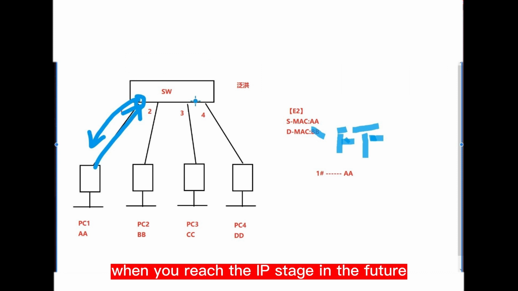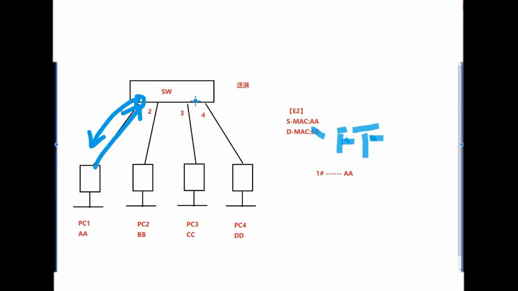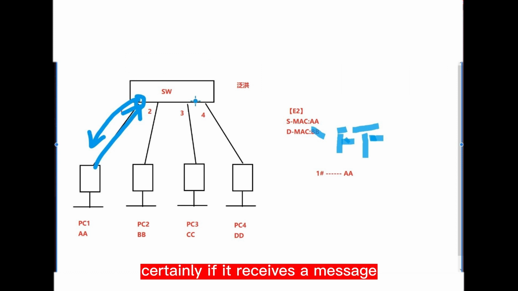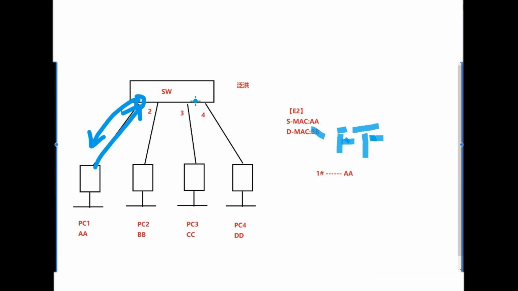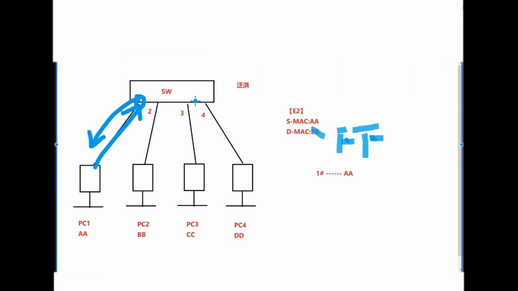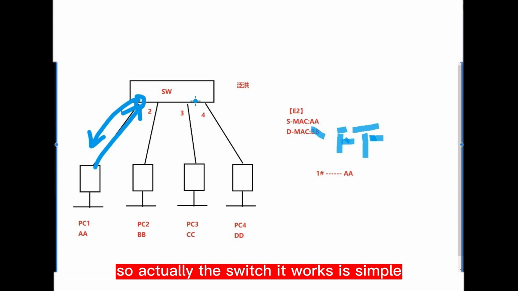When you reach the IP stage in the future, you will learn about layer 2 loops. When you encounter a loop, you can understand this sentence. Certainly, if it receives a message that fails the layer 2 FCS verification, it also drops it. So actually the switch's work is simple.